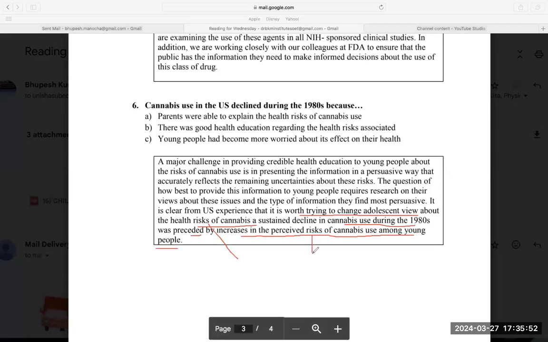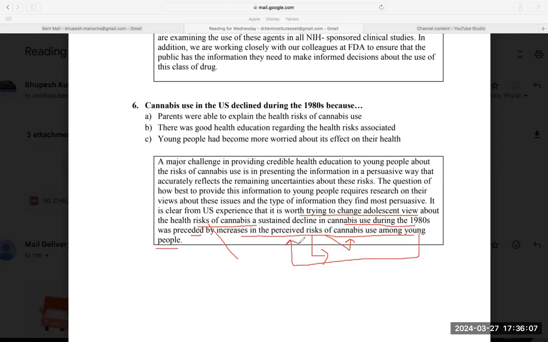So basically, young people started to realize the perceived risk of cannabis use. That is why they stopped using it. That was exactly the question. Cannabis use declined because young people understood the risk of cannabis use.